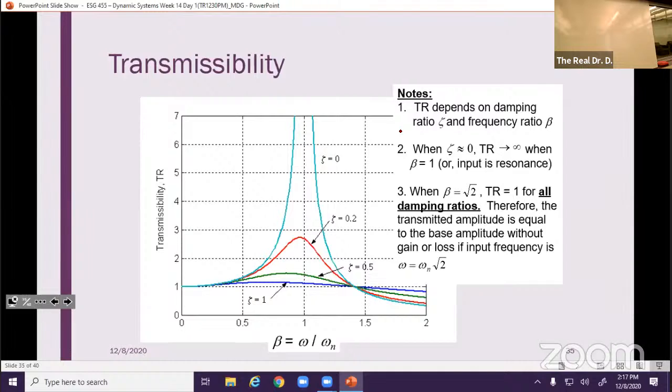So what are some notes here? Well, first of all, the transmissibility depends on the damping ratio and the frequency ratio, right? We knew that from the equation. Secondly, when zeta is equal to 0, which means we have no damping, then my transmissibility is infinity when beta is equal to 1. So when beta is equal to 1, omega n is my resonant frequency, right?